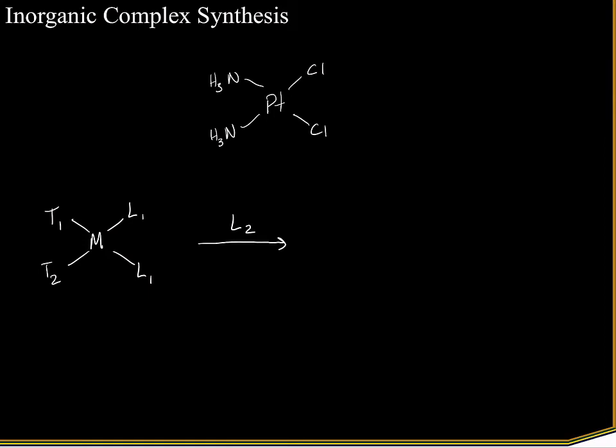I'm going to pretend that this substitution will occur and will replace one of my ligands marked L1. So that leaves me two options. Either L2, our new ligand, can end up trans to T1, or it could end up trans to T2.